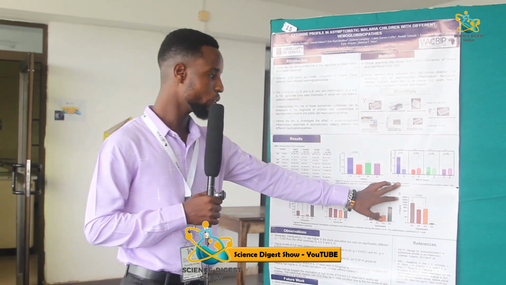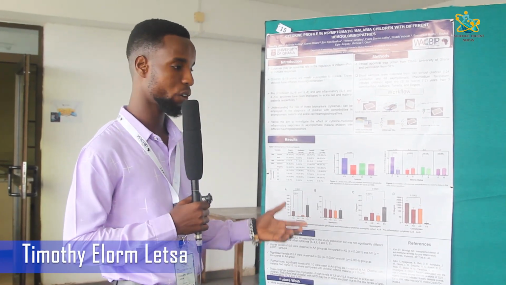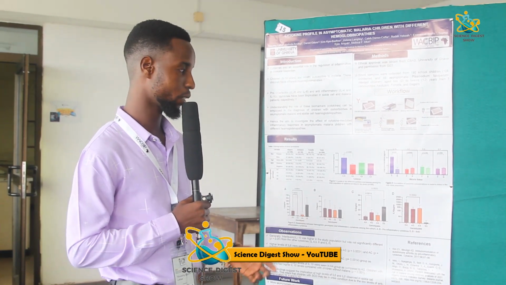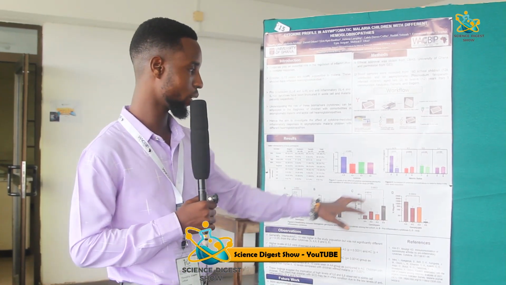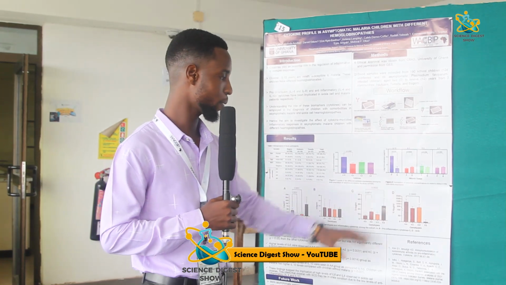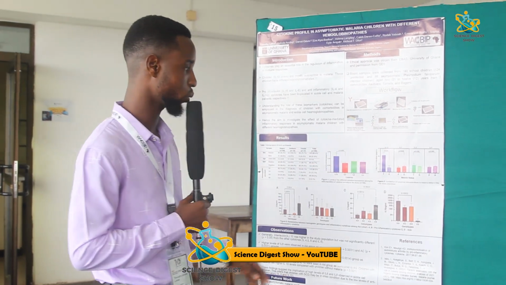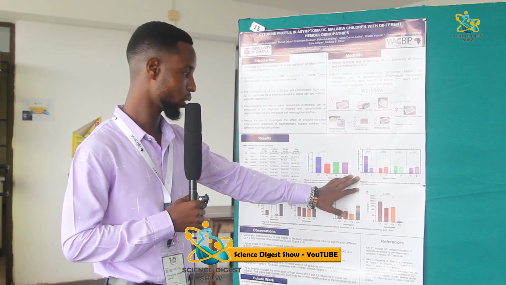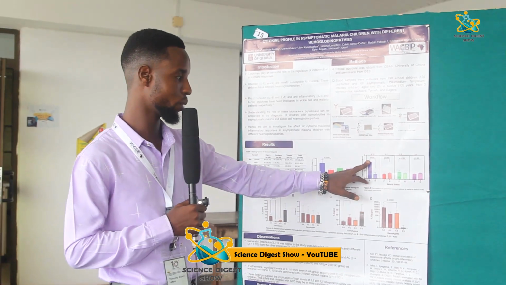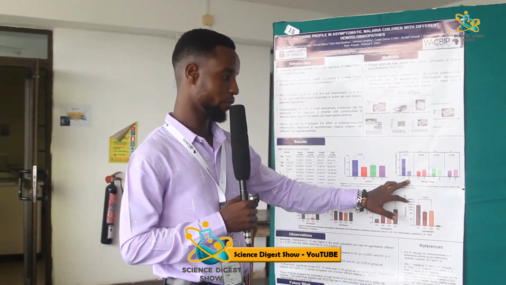So we measured to see which cytokines correspond with asymptomatic infection. We found that the cytokine IL-10, which is an anti-inflammatory cytokine, is significantly expressed in individuals who were asymptomatic compared to those who were not infected.